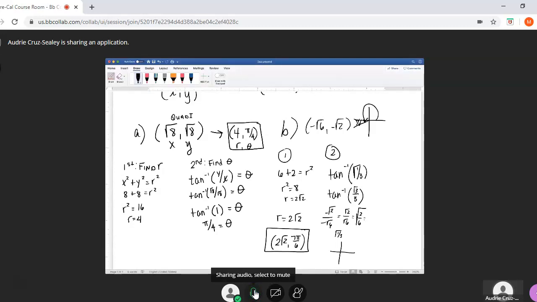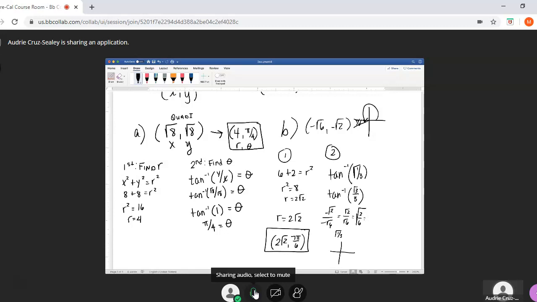Because you're using your calculator, and when you put tangent inverse in your calculator, what are the only two quadrants your calculator is going to look in? Quadrants 1 and 4. That's the only place your calculator will look. It's up to you to remember what quadrant you're in. All your calculator is going to do is give you reference angles. That's all it's going to do.